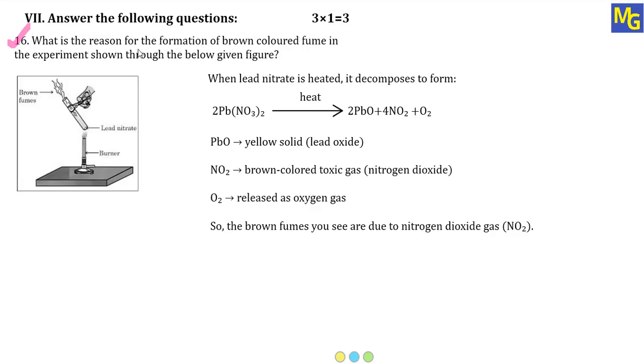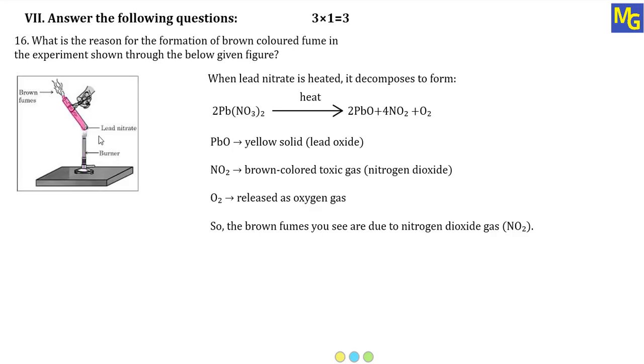What is the reason for the formation of brown colored fumes in the experiment shown through the below given figure? So this is the figure which is given in the question paper, and we have to see this figure and answer this question. If you see the figure, here there is a burner and this is the test tube.